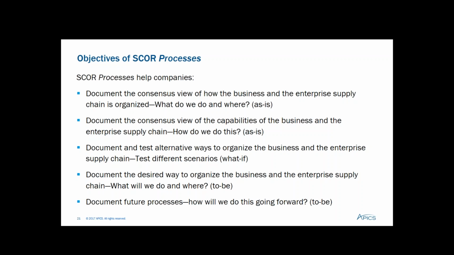The value of the SCOR framework is realized when improvement teams are able to identify and quantify the gaps in service, cost, and inventory between the as-is and the desired to-be states of the business and supply chain. The to-be state processes, practices, and performance metrics are then prioritized into an enterprise improvement project.